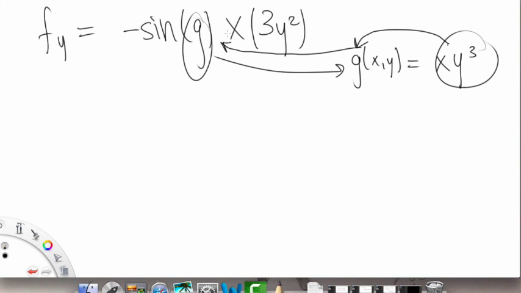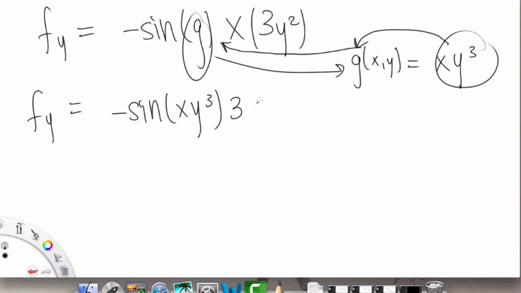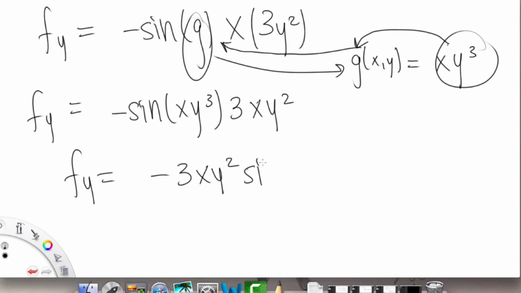So we're going to sub that back in. So f sub y is equal to negative sine of xy cubed times 3xy squared. And we can always rewrite this one more time just for aesthetic purposes: negative 3xy squared times sine of xy cubed.